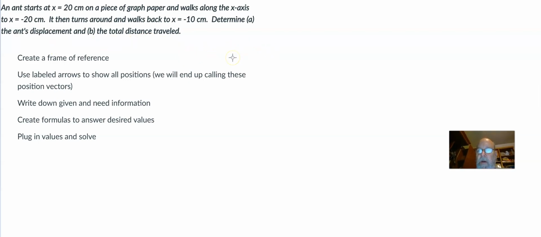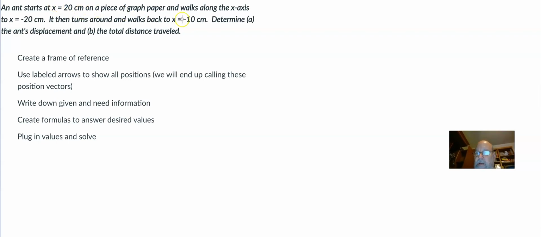Okay, now when we start to work on problems in physics, one of the things that we don't want to do is use units that are other than meters. There'll be exceptions to this, but if I see a problem like this, I'm probably going to change my units to meters right away.